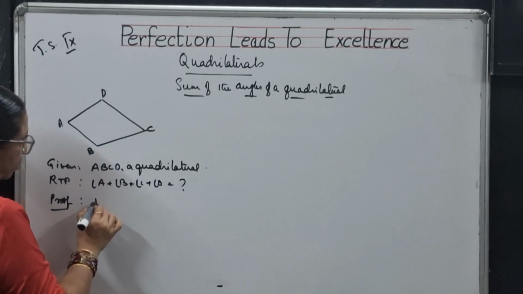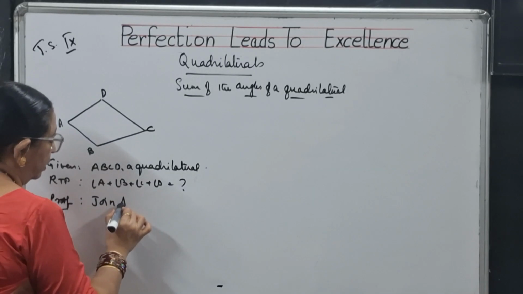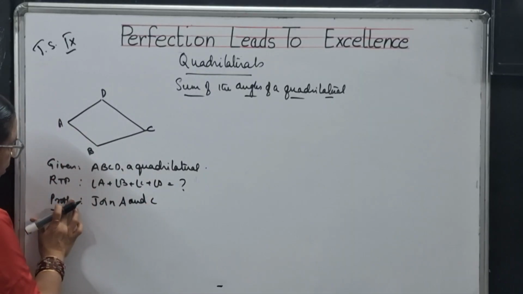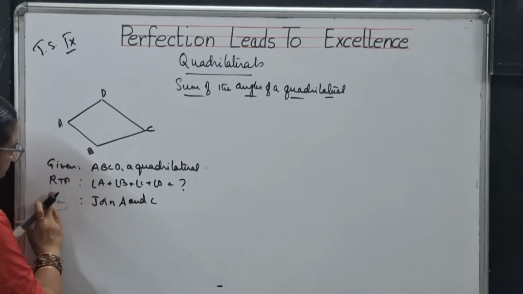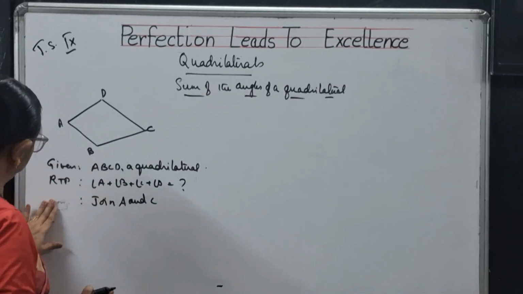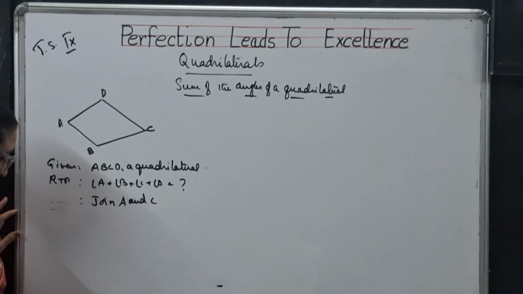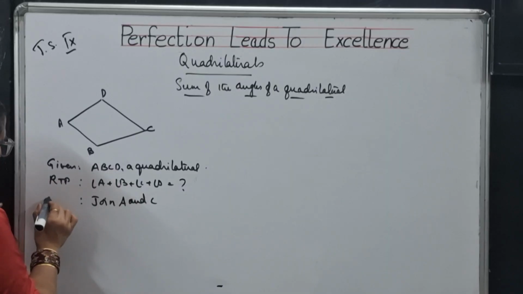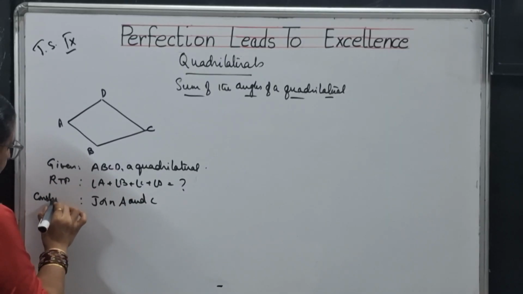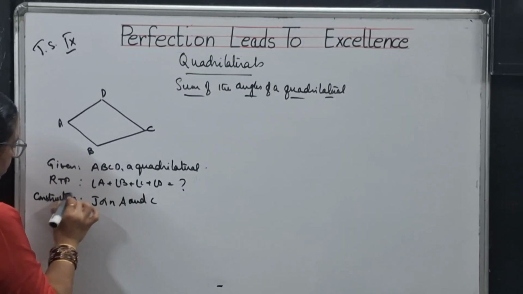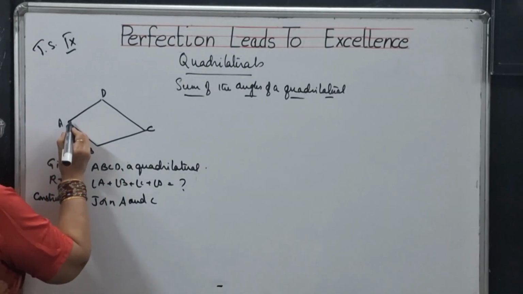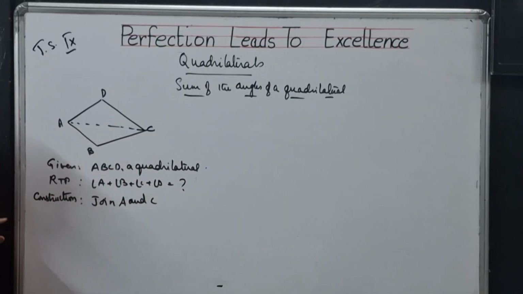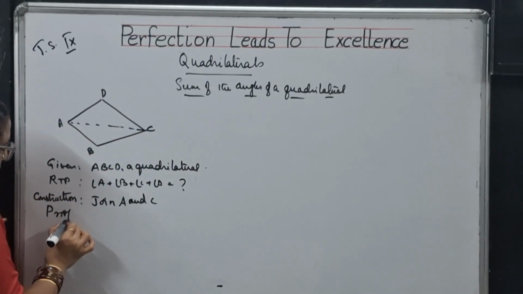First, for this you have to join A and C. Okay, so let me write it as construction: join A and C. When you join A and C, now let us see the proof.